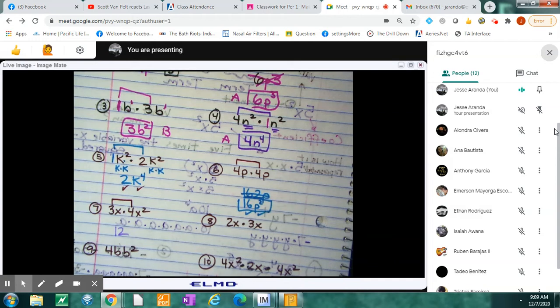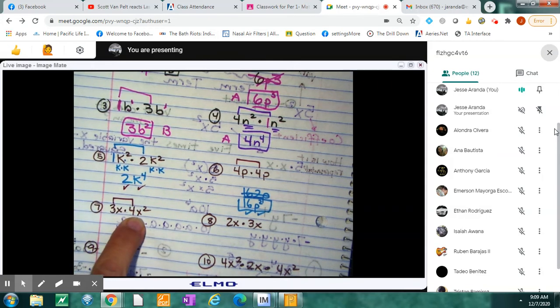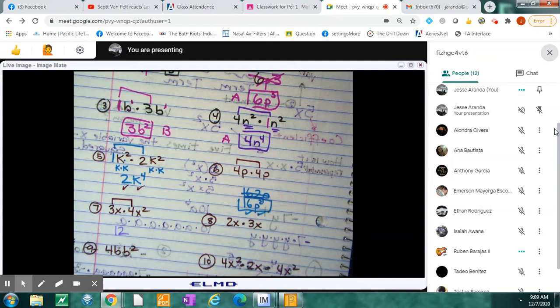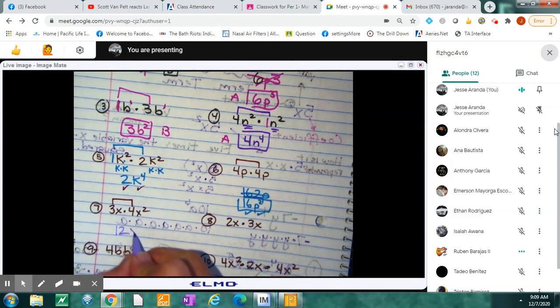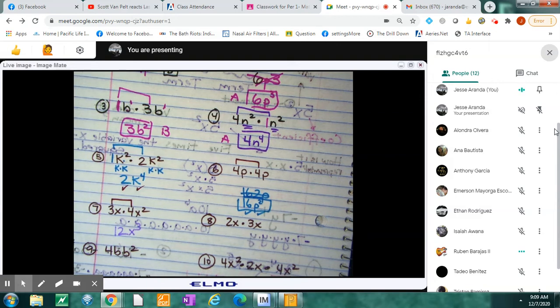All right, here we go. How about Ruben? If I have x times x squared, how many x's do I have? So I'm going to put x to the power of 3 because we're dealing with exponents. All right, very good.